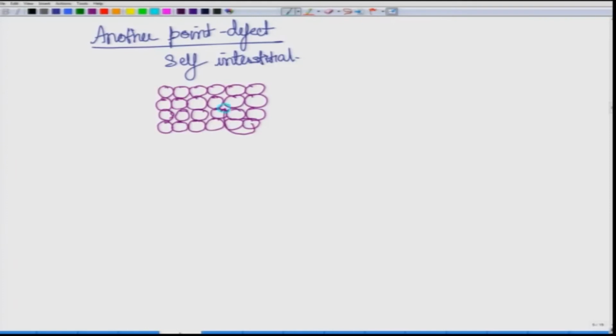So, there will be a stress field around this. The atoms over here will have to move to adjust for this extra atom. So, this kind of defect is called self interstitial. Now, this particular kind of defect can be regarded as the inverse of vacancies.